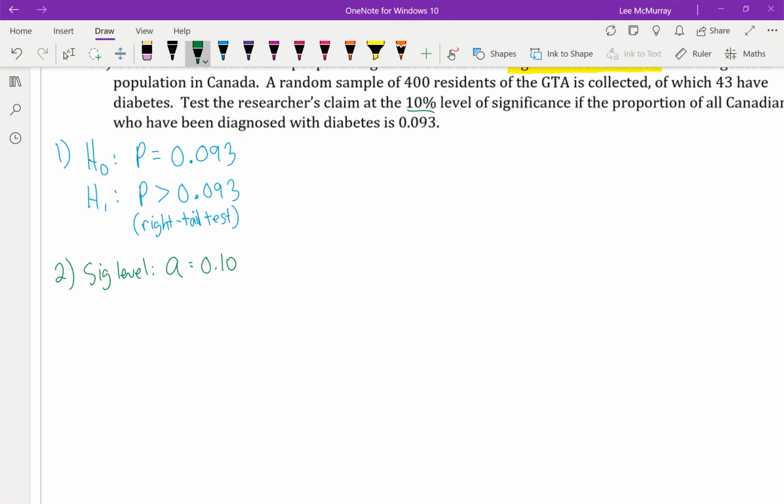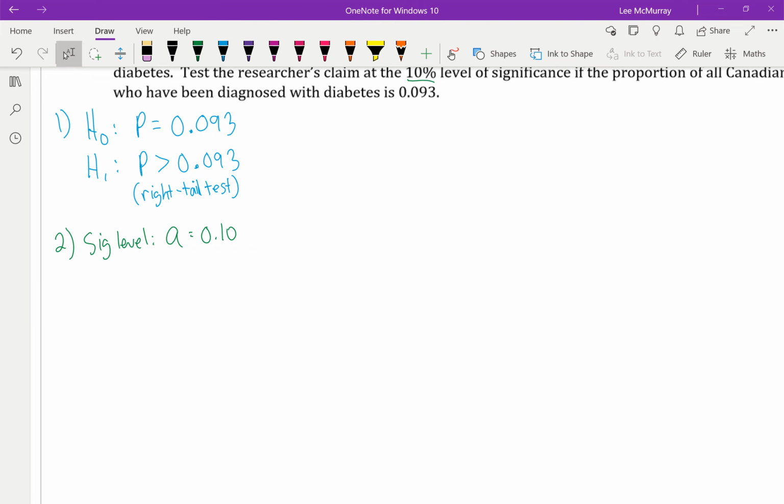Okay, so the next thing we're going to do is calculate our test statistic. Again, we assume the requirements are all met, and we're just going to jump into the z-score formula. In this case, z-score is equal to p hat minus p divided by the square root of p times q over n. Let's make sure we've got all these numbers accurate.